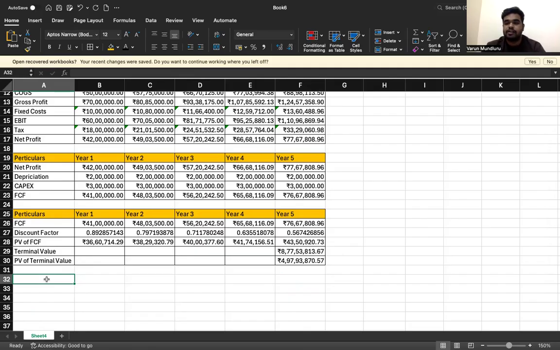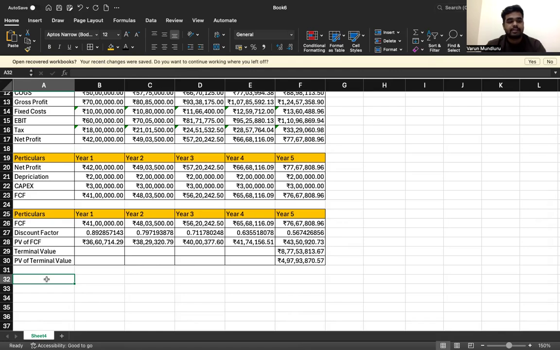So from this data which we have calculated, we can find the enterprise value. Here, the enterprise value is the estimated current value of the cafe based on its future earning potential.